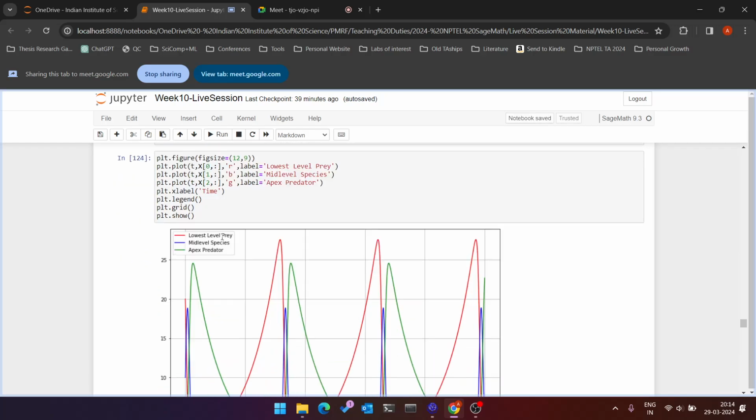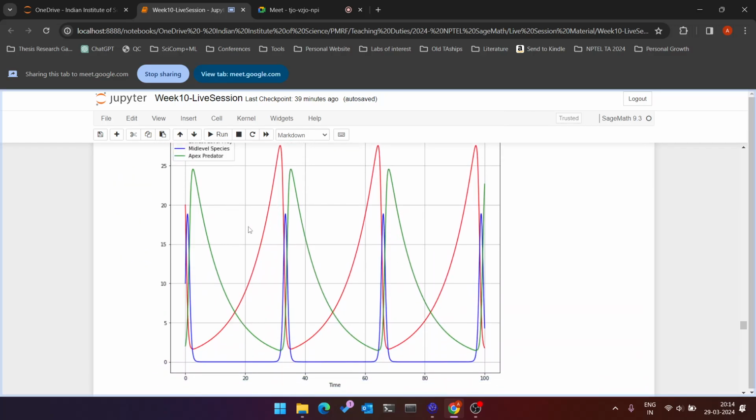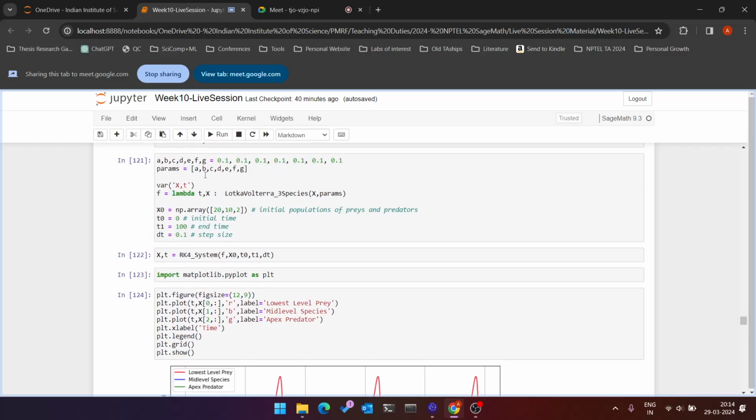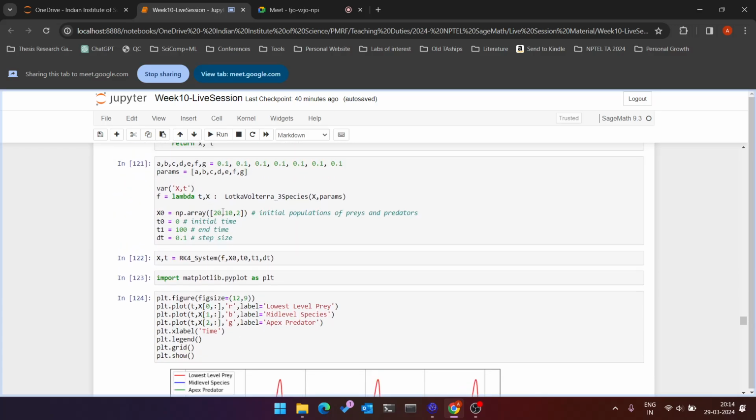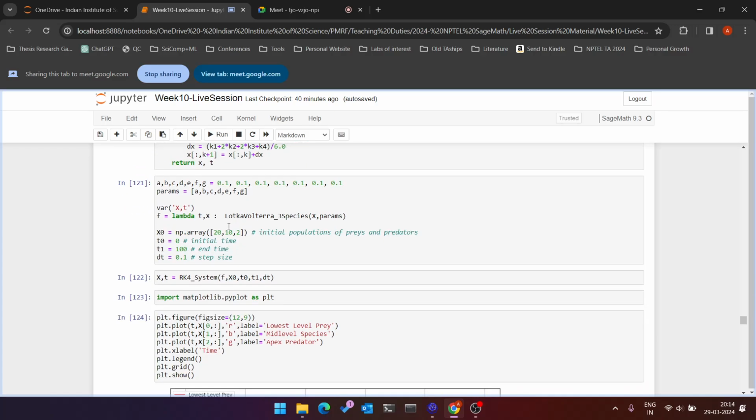One interesting thing that we see here is there is a sort of cyclic nature to the set of values and parameters that we have chosen. If I play around with the values even more, I'll be changing the cyclic nature even more.